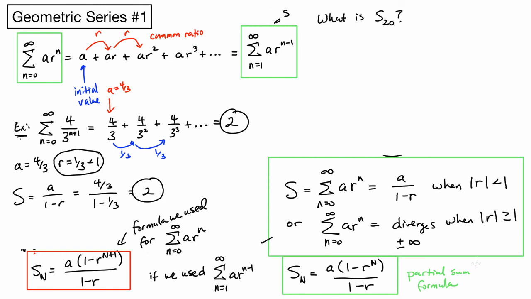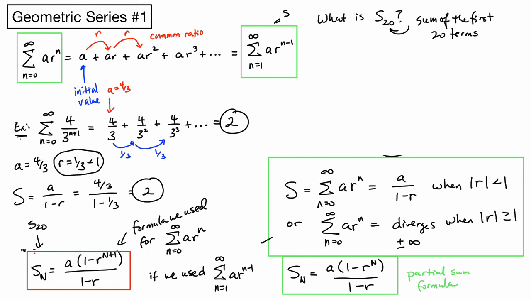And the reason that I would rather you use this one is when I ask what is S20, typically we infer that S20 means the sum of the first 20 terms. But here, if I used S20 for this one, then because this starts at 0, this is A0, A1, A2, and so on, S20 would actually end up being the first 21 terms.